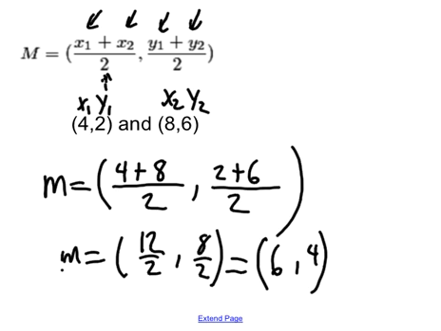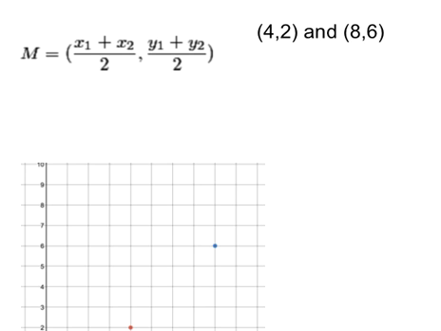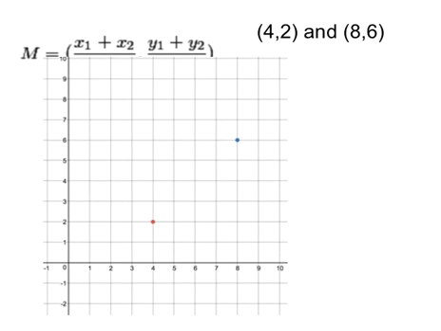So here's that graph. Let me just pull this out of the way there. Those are the 2 points. In fact, the red point and the blue point are those 2 points. This is 4, 2, and this is 8, 6.